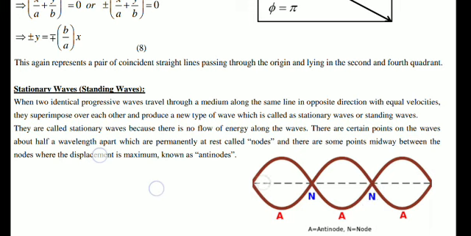One simple harmonic wave is moving from left to right, another is moving from right to left. For simplicity we will consider that the frequencies of both these waves are the same.